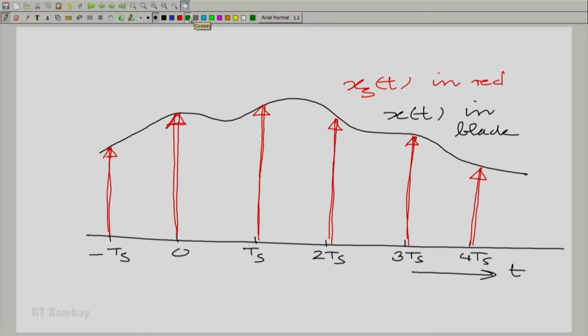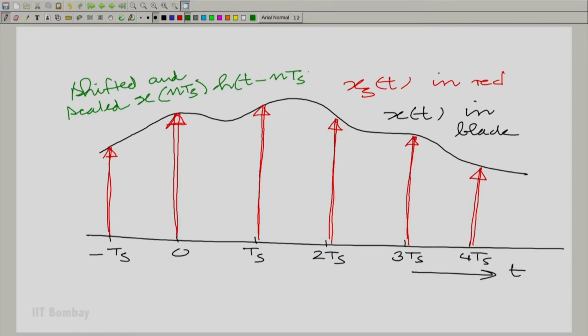Let us draw the shifted and scaled ones. So, let us begin by drawing them in green. How would we express the shifted and scaled impulses? We would essentially have them to be x at the points nTs multiplied by the impulse response shifted to nTs, for all integer n.